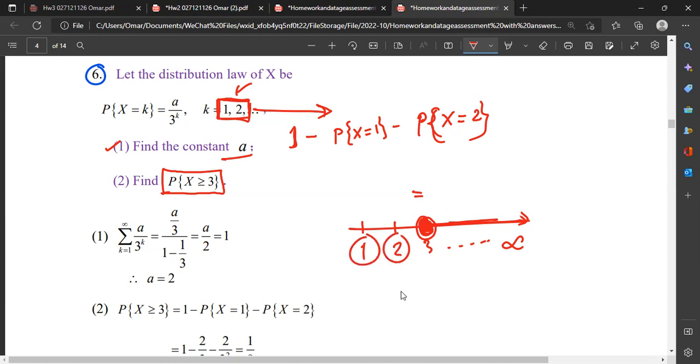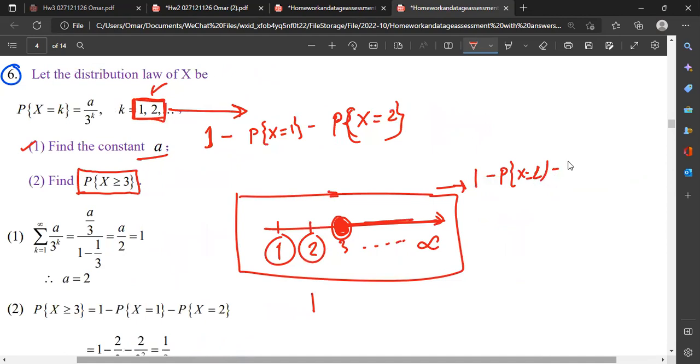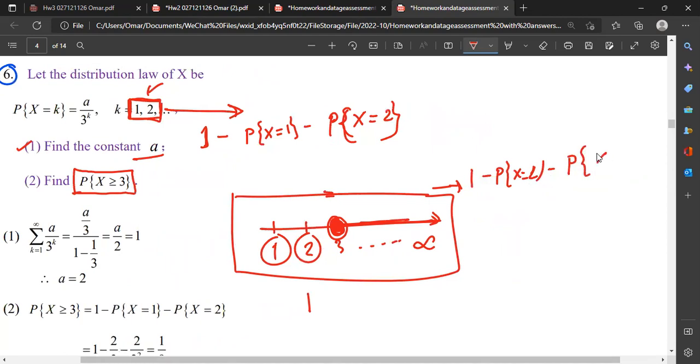And the whole probability here is 1, right? So 1 minus the probability of when x is equal to 1, and then again minus the probability of when x is equal to 2.